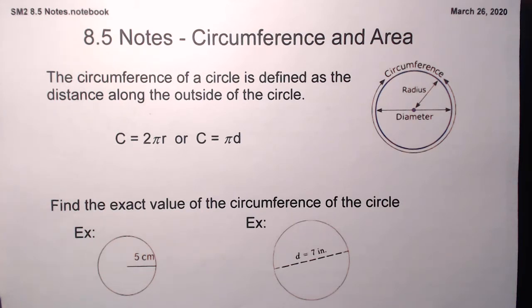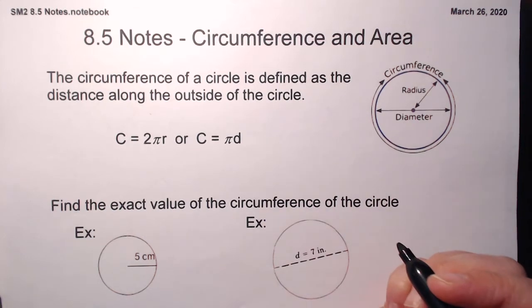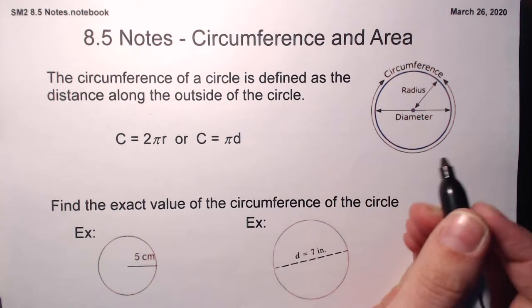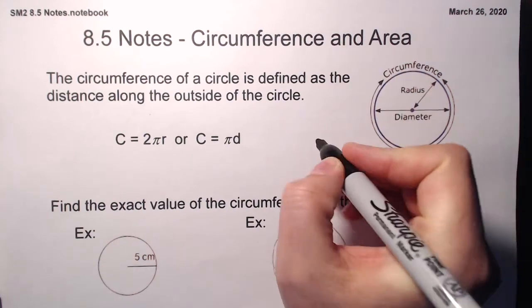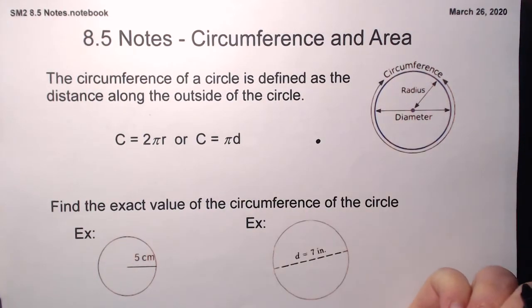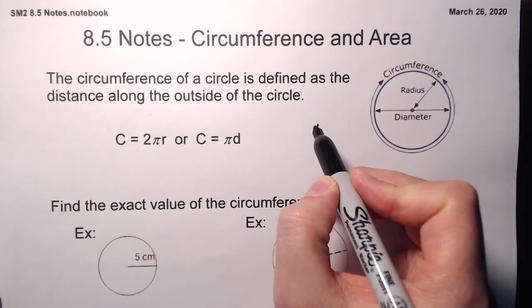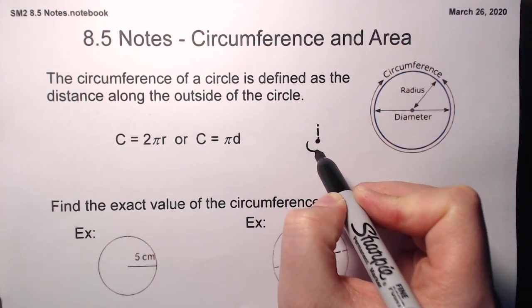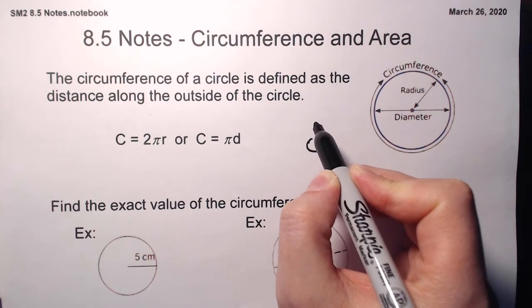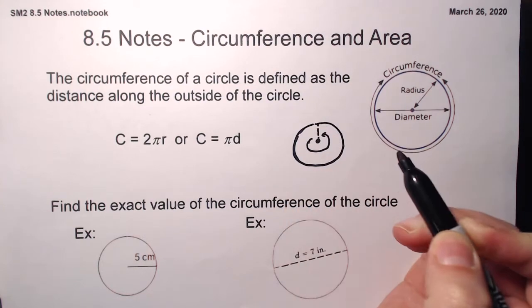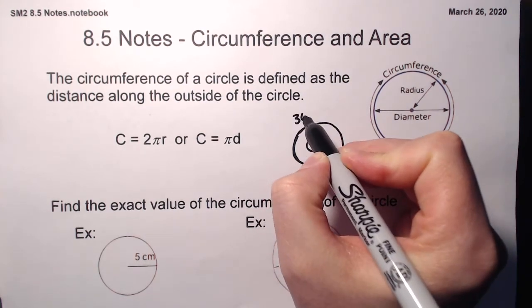This is different than when we were talking about the angle measure of an arc. So, when I say a circle is 360 degrees, if I'm standing in the center and I'm looking somewhere and I turn all the way around, I've turned 360 degrees.